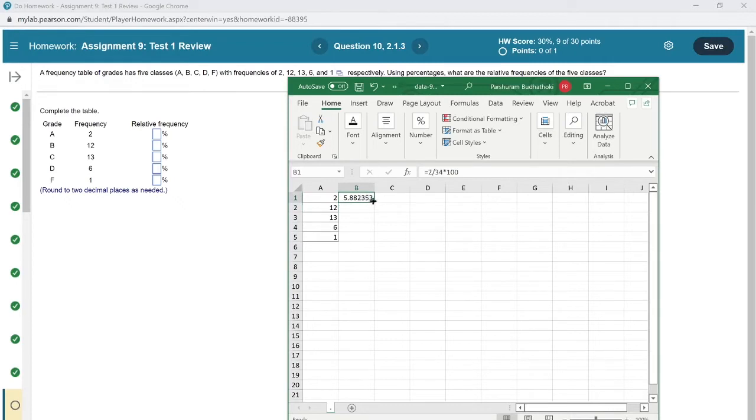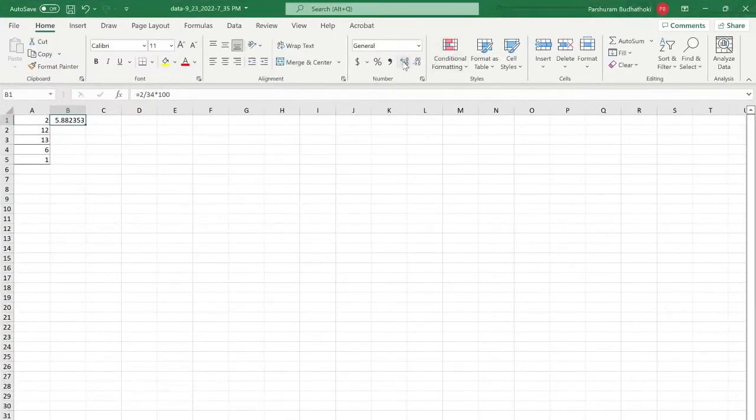That gives us the percentage. Because we would like to round it to 2 decimal places, here is the rounding. Now if I highlight it and scroll down, what did I do wrong?